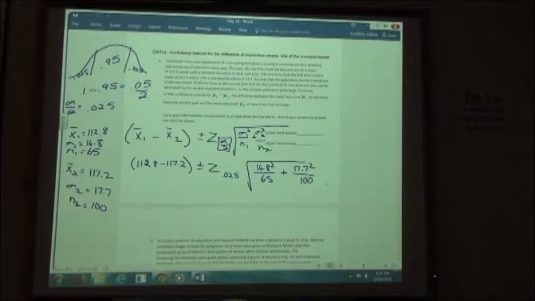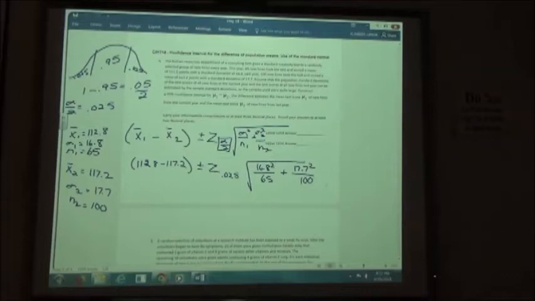Now we're going to click over to the side, yep, and then do the square root. Under my square root, I want 16.8 squared divided by 65. And then over to, oops, 65 instead of 62. Over the side, yep, plus.